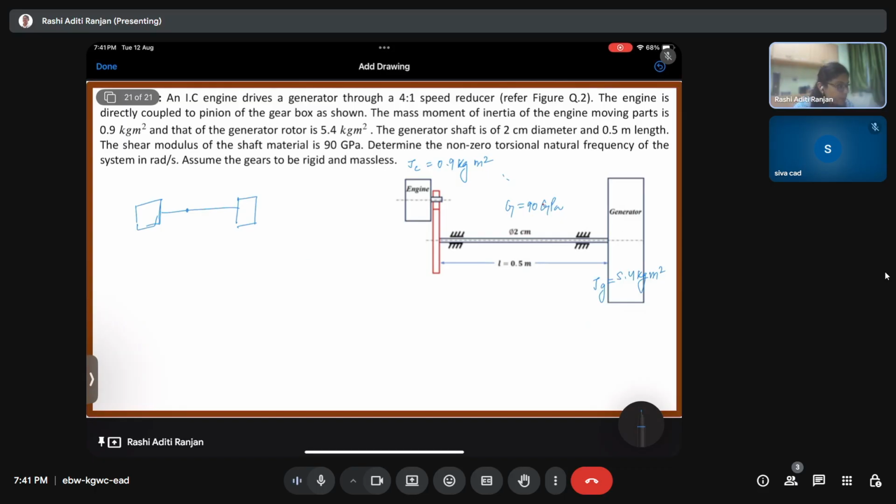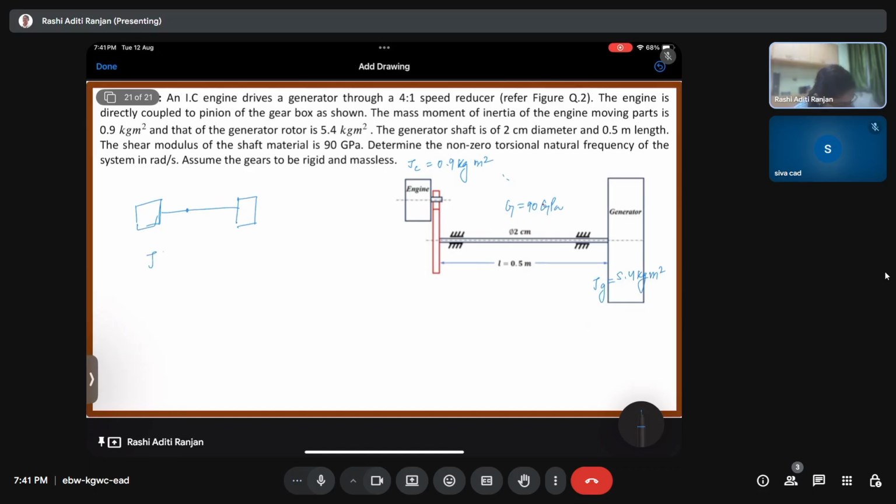So what do we do? First, we have the 4:1 speed reducer and the engine's moment of inertia. We need to first convert it into the equivalent moment of inertia.